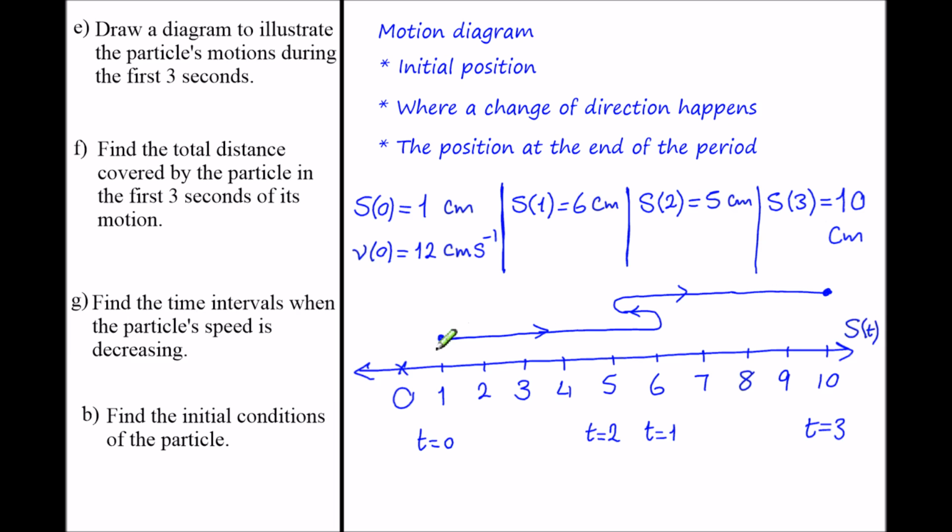Now remember that we're discussing motion in a straight line, so actually the object is moving in a straight line going backward and forth, but we draw it like this just to illustrate the change of direction and see clearly how the object is moving.